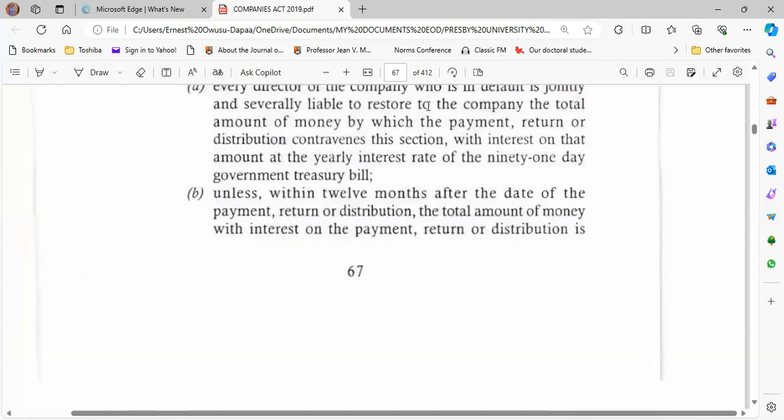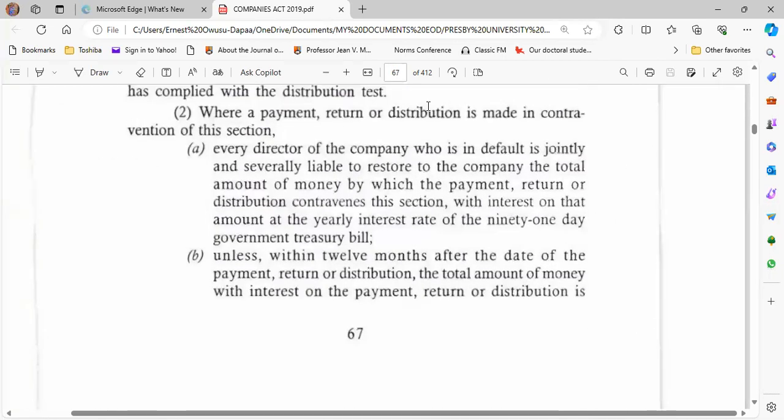So if you look at it, we have what they call the levels of responsibility or liability. First, directors will have to bear the initial liability or responsibility for superintending over the company when the company made illegal payment of dividends. So the directors have to return the total money paid. And as we noted, interest will have to be paid.